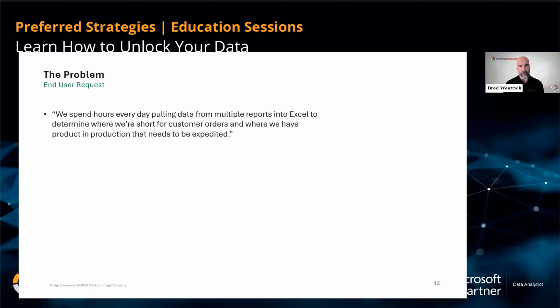Some of the things we heard from that division, they were spending hours every day pulling multiple reports from Reports Now, from table exports from JDE, pouring them into Excel spreadsheets, pivot tables, and everything else to try and pull that data together to determine where they're short for customer orders and where they need to expedite product that was in production.